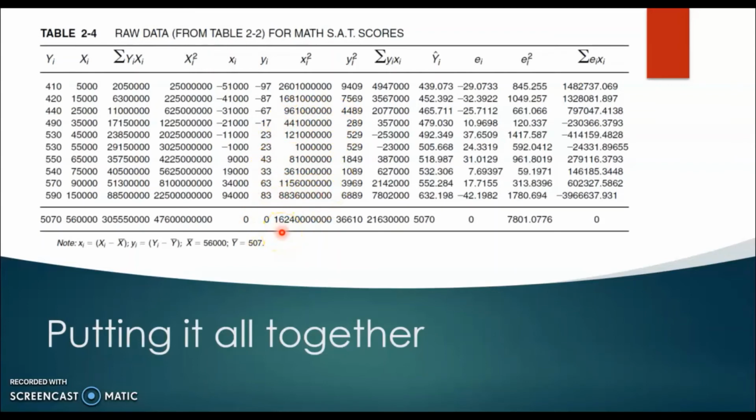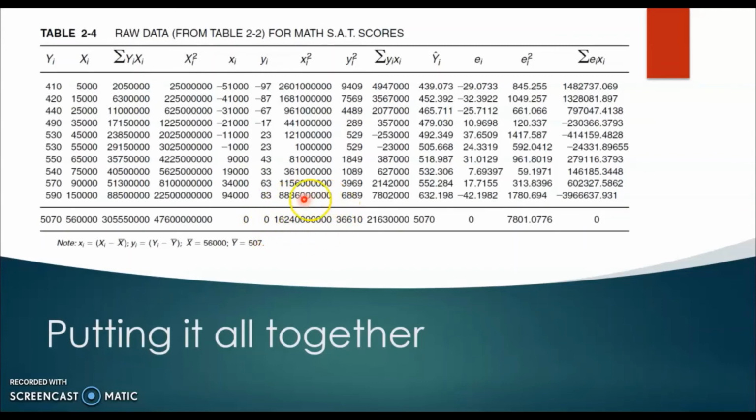And here we have the sum of squared values of x, the small letter x. So here we have 16,240,000,000, meaning that 2,601,000,000 plus 1,681,000,000 down to this last observation here, 8,836,000,000, which is a very large value.